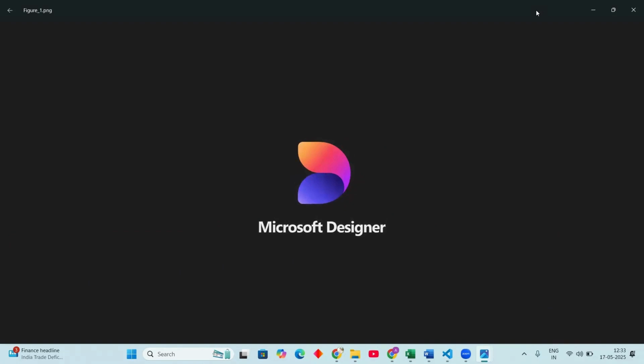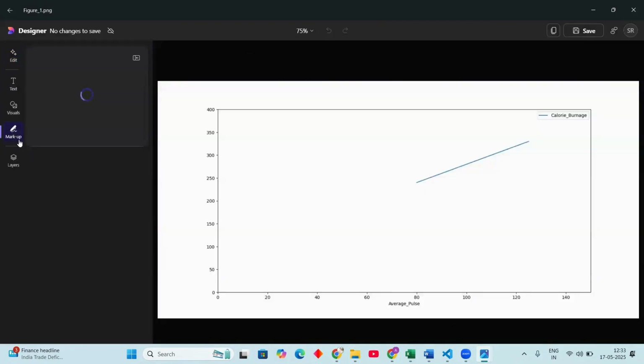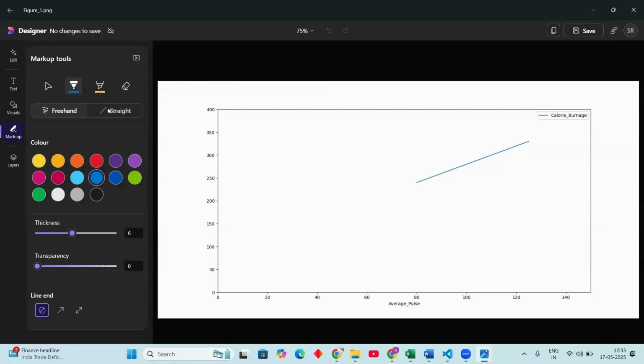Why is the point 80? So it is the starting value of the average pulse.